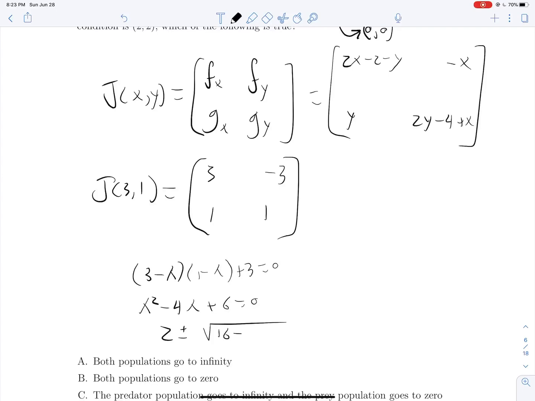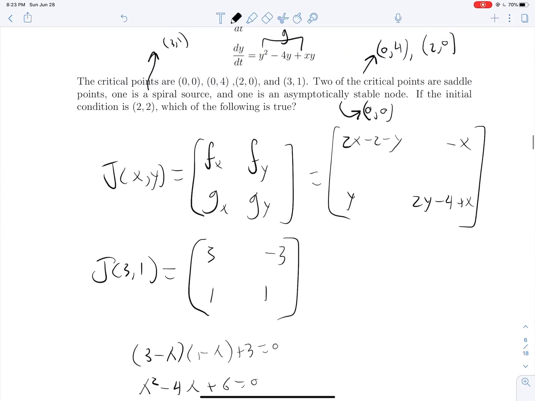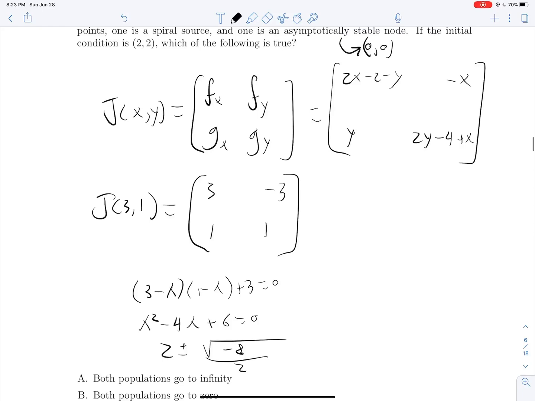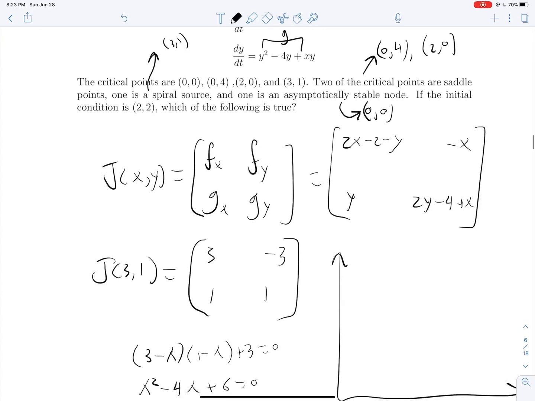That will be minus 24, so minus 8 in here over, sorry, the square root of minus 8 over 2. That will give us a complex conjugate pair with a positive real component, which means we'll get a spiral source. Exactly.